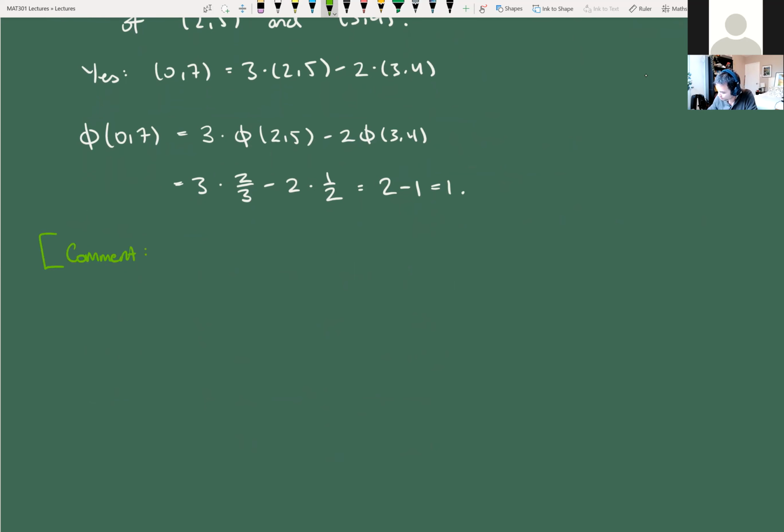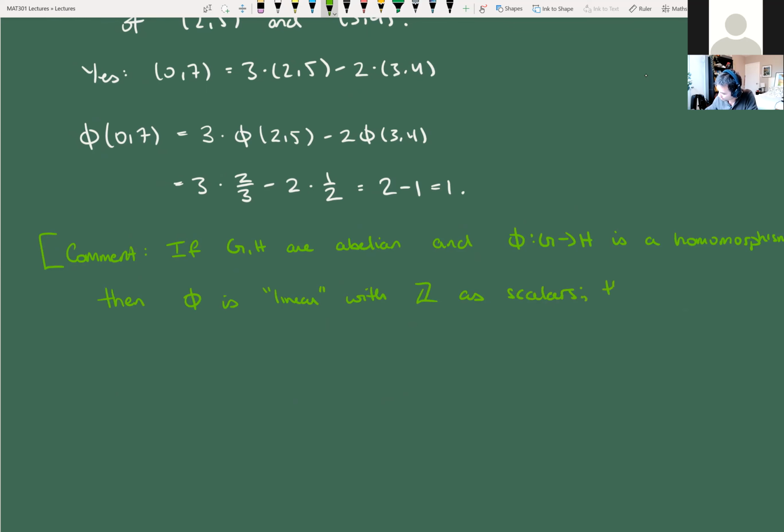Okay, so comment: if G and H are abelian, and abelian here is important, and phi maps G to H is a homomorphism, then it's linear as long as the scalar multiples are integers, with Z as scalars, right?